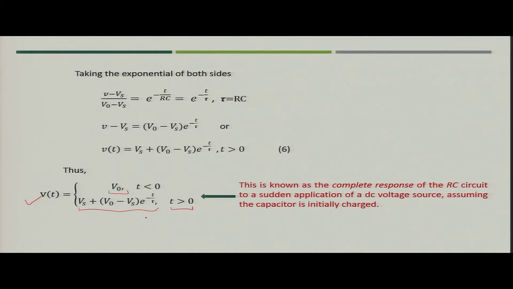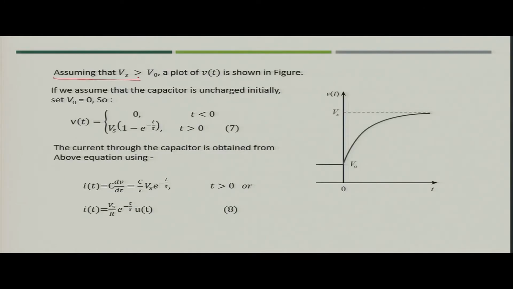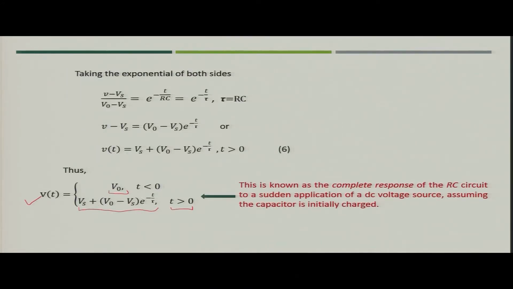Now, let us see the case where the source voltage Vs is greater than the initial voltage across the capacitor, so Vs is greater than V naught. The plot would look as shown in the figure. At time t equal to 0 the value will start increasing.